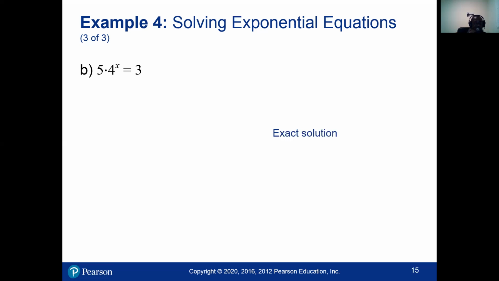All right, so here is another question. Remember, we have this property that if a raised to u is equal to a raised to v, then u is equal to v.